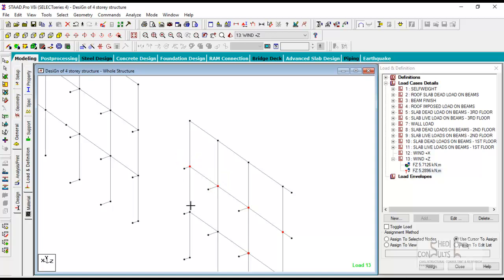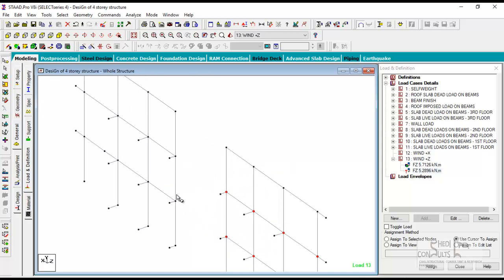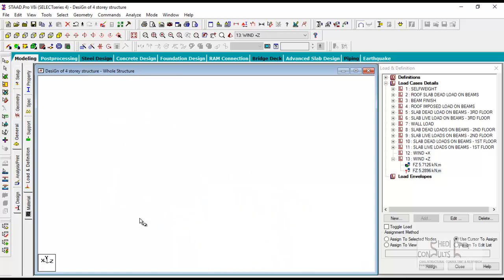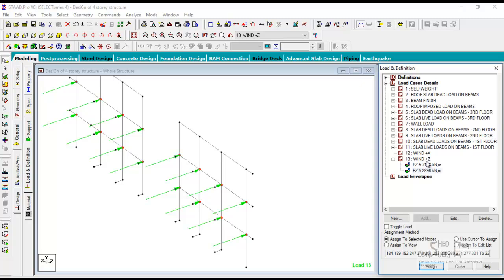Make sure you don't make a mistake in your node selection process. Yeah, that's fine. Okay, so these are closed regions.